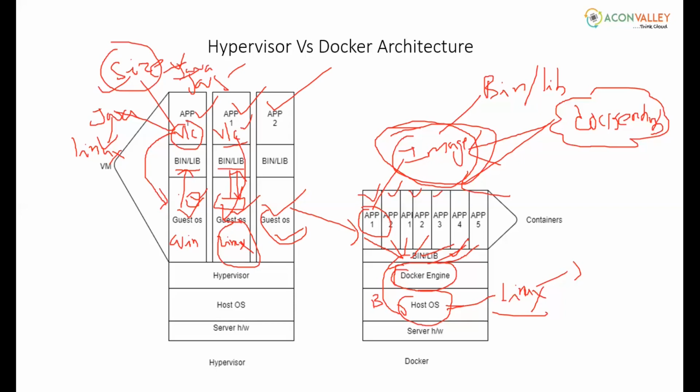Can you install Java 5 and 8 on the same machine? No. But with Docker you can install Java 5, Java 8, Java 9, whatever you want, on the same host OS, because Docker engine separates these applications. It doesn't require a dedicated OS here. Got it?